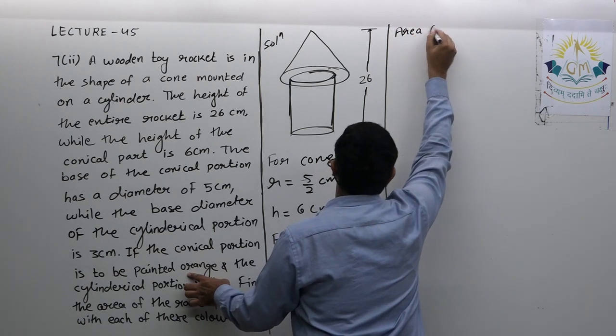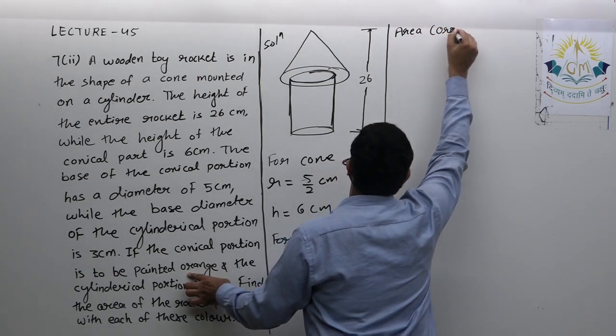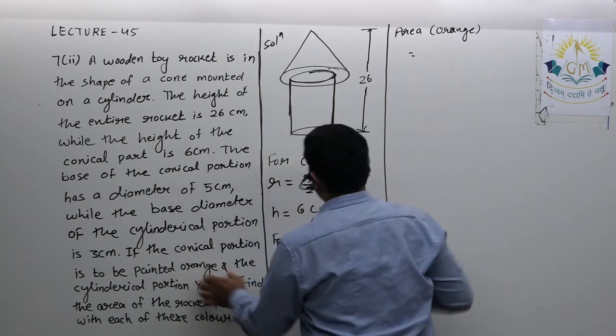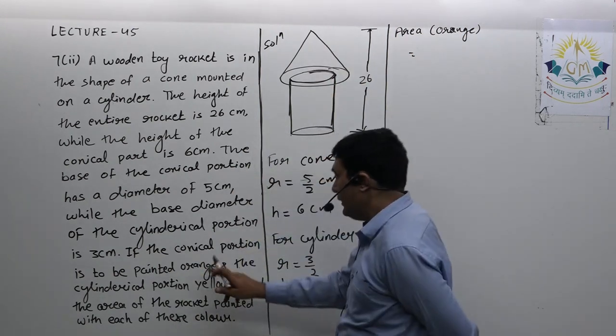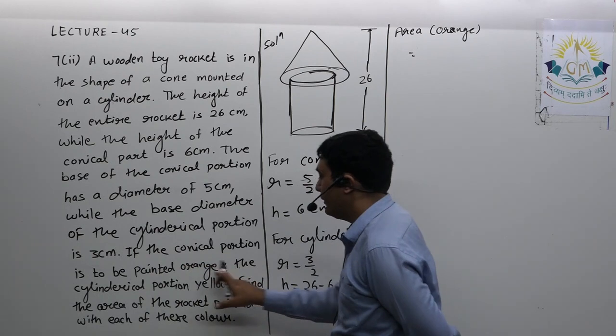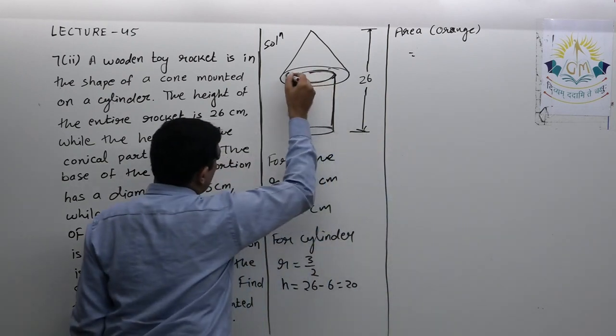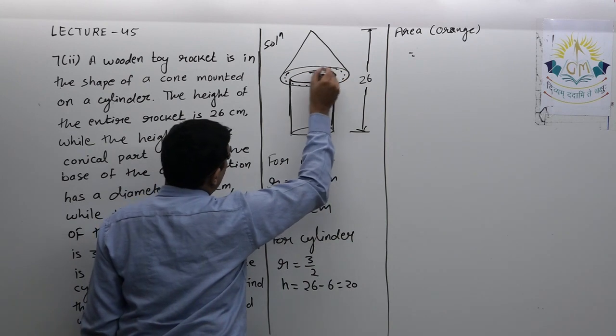So area, here I am writing for orange color. Now the conical portion is to be painted with the orange color. So see, this portion, this ring is also being painted with the orange color.